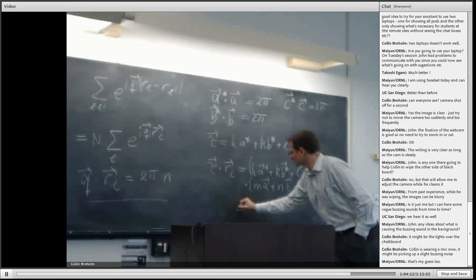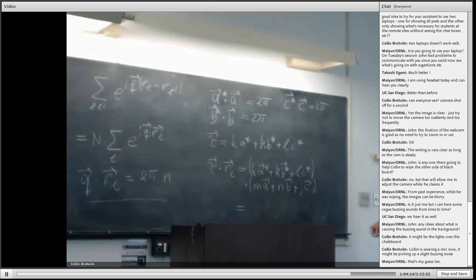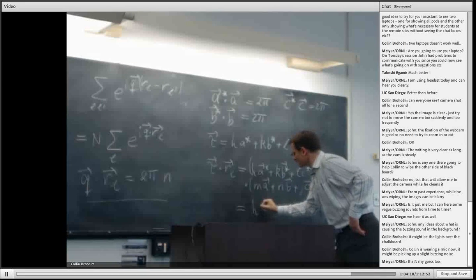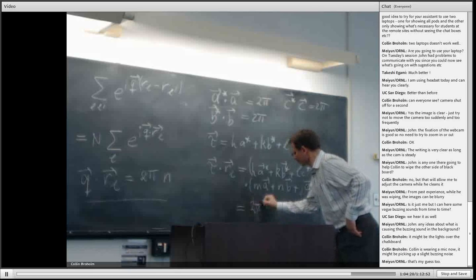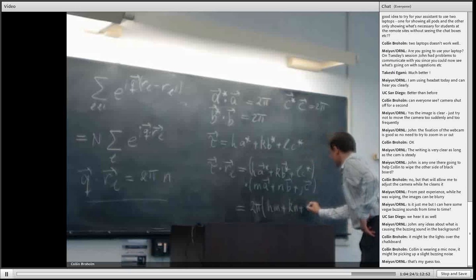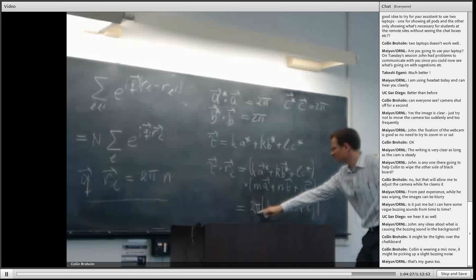When I dot those with each other, I will ensure that I get 2 pi times HM plus KN plus LJ. So 2 pi times an integer.